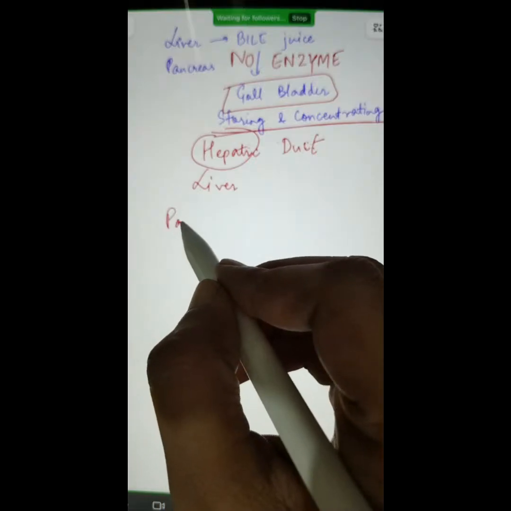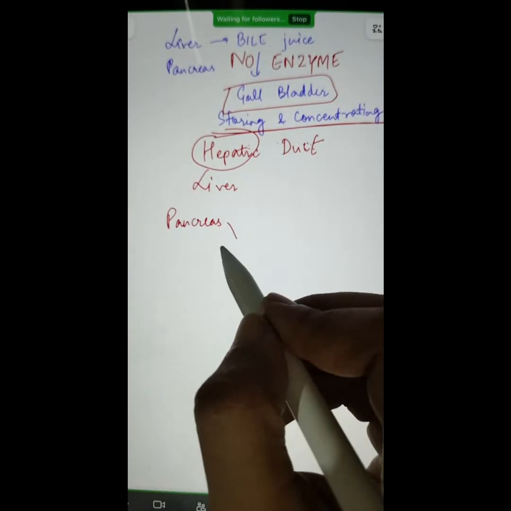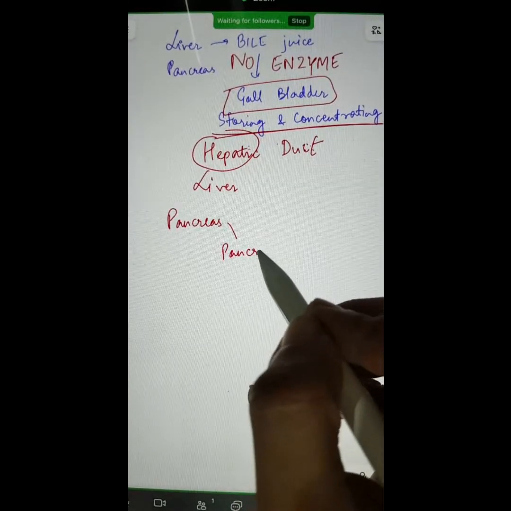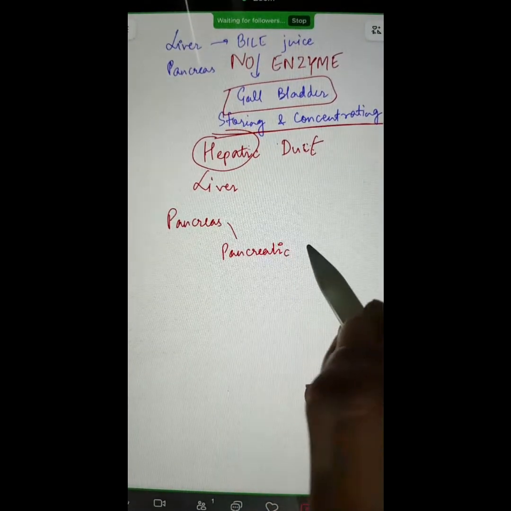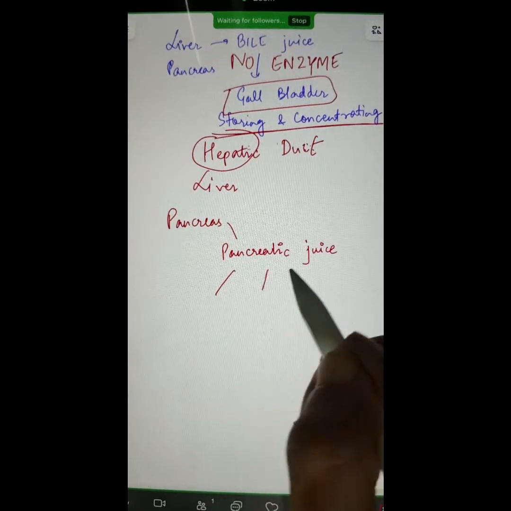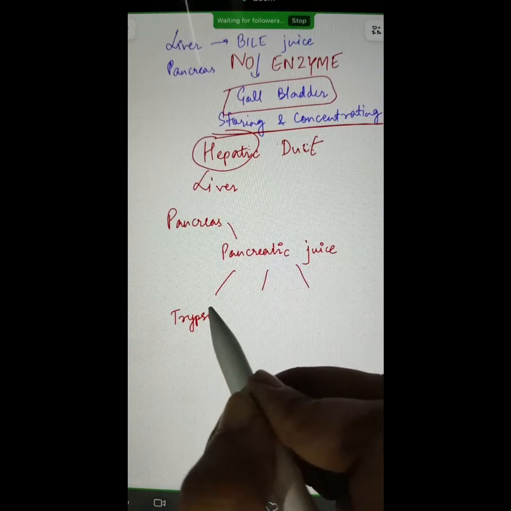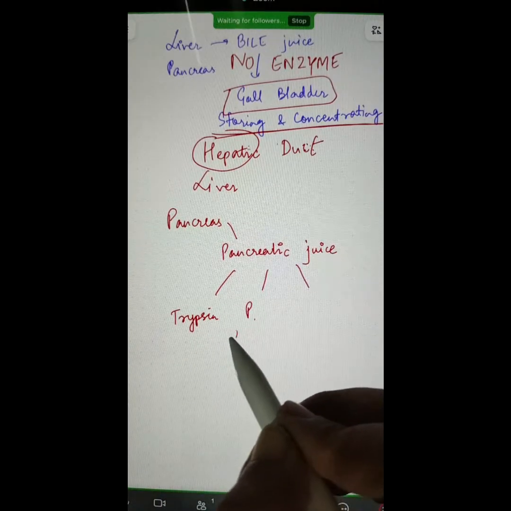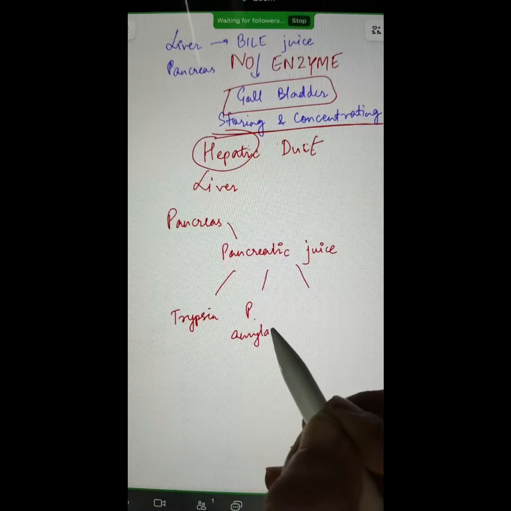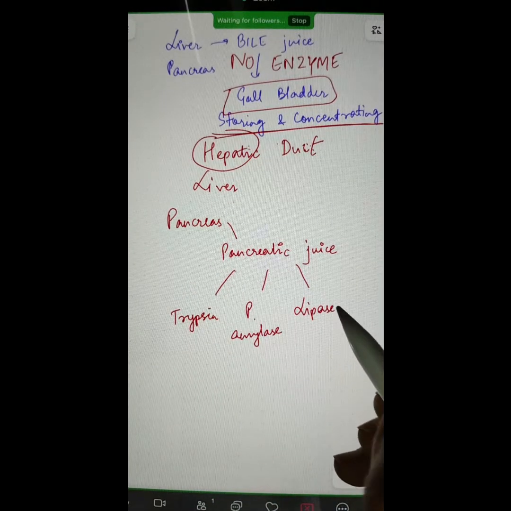Now, pancreas will be producing pancreatic juice. So, the secretion of pancreas is known as pancreatic juice. This pancreatic juice will be containing trypsin, pancreatic amylase, and lipase.